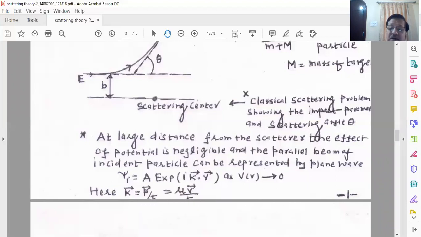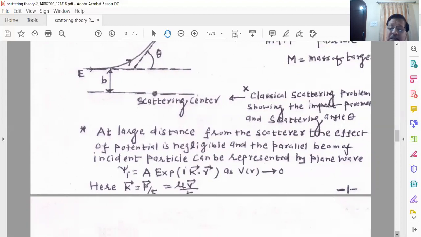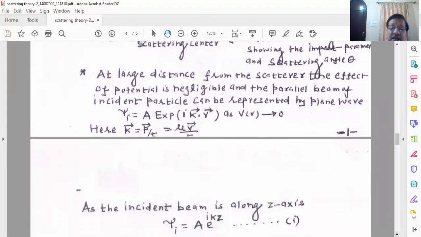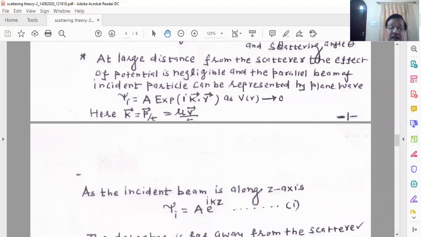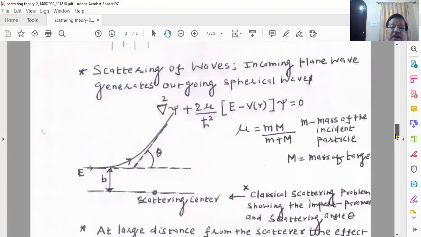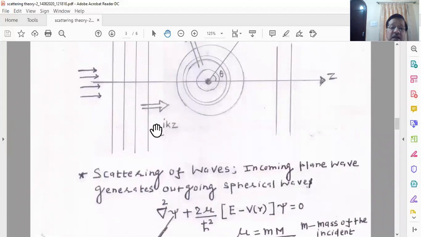Since our incident particle is moving along the z direction, I write psi I equal to some constant A e to the power of i k z, the same expression mentioned over the figure, because the wave function should be finite, continuous, and single valued.